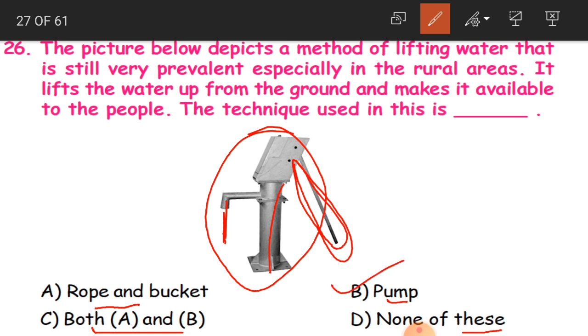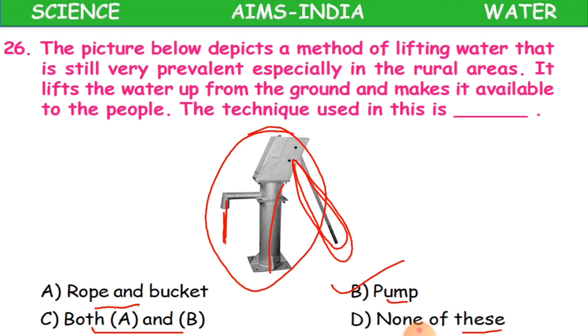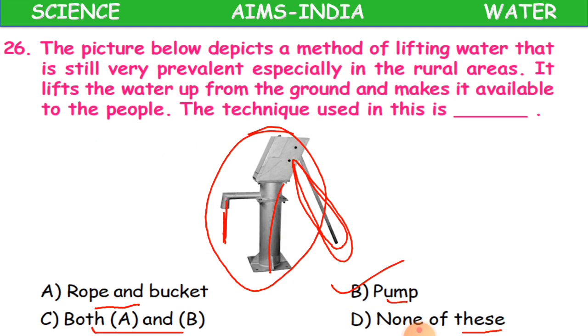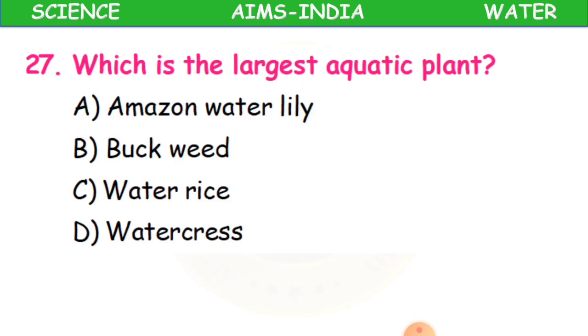Whereas rope and bucket is with the well. So B is the correct answer. Have you seen such type of pump, children, in your places? Yes, in ancient days or even in villages, we used to have more bore pumps like this, but nowadays we are not able to see this in urban areas.